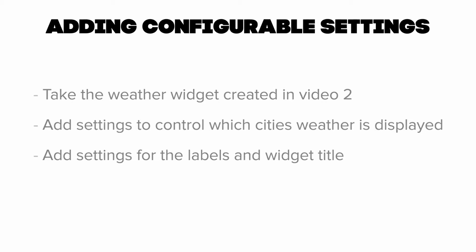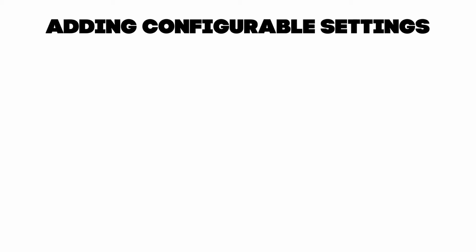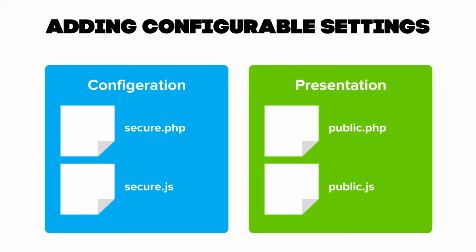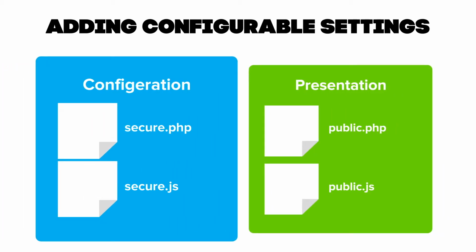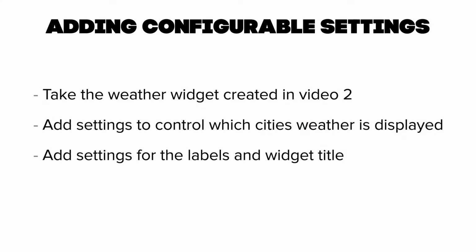So essentially, we want to introduce the concept of secure PHP, where we have the secure form, where we can have the same widget maybe for different cities. So on different home pages, you can use the widget for New York or the widget for Charlotte or any other city for that matter. So let's take a look at that.